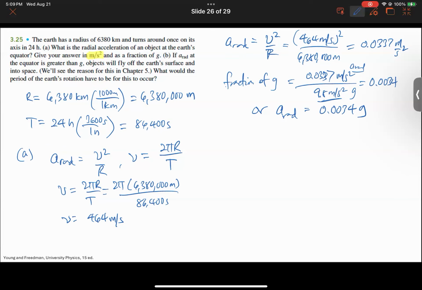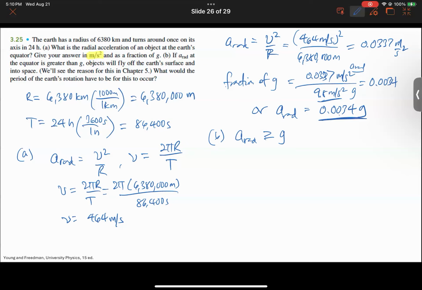Okay, so letter B. If the radial acceleration at the equator is greater than g, then the objects will fly off. It's a good thing that the radial acceleration is not even 1%.